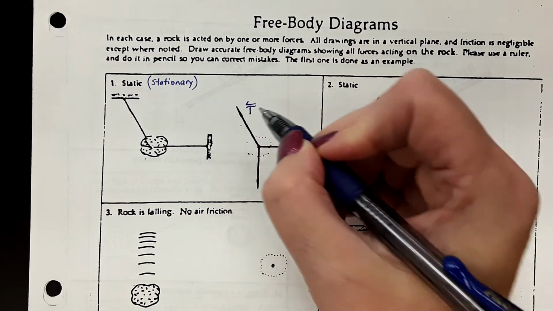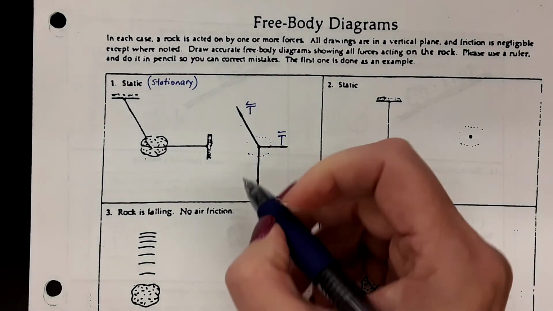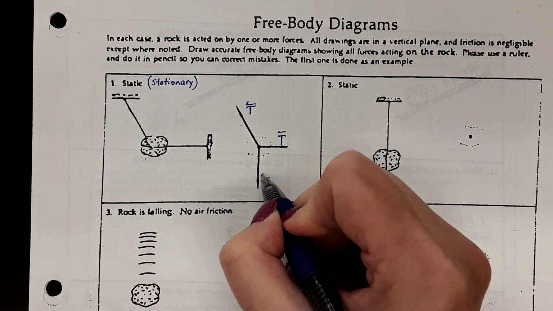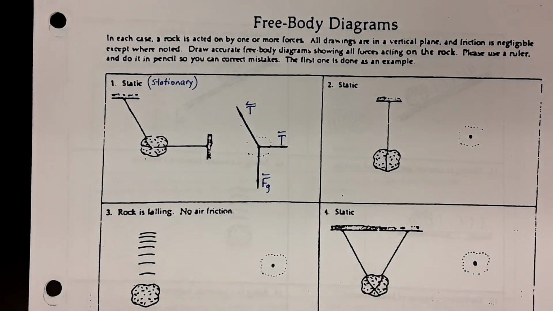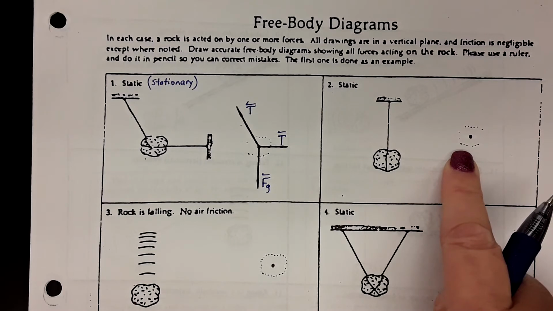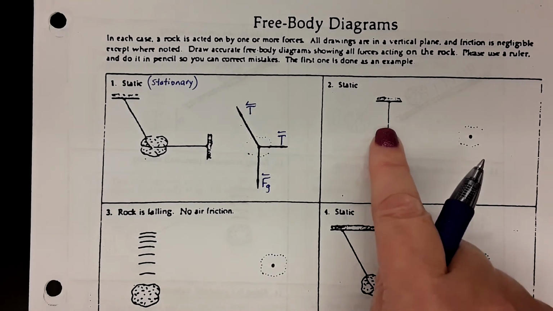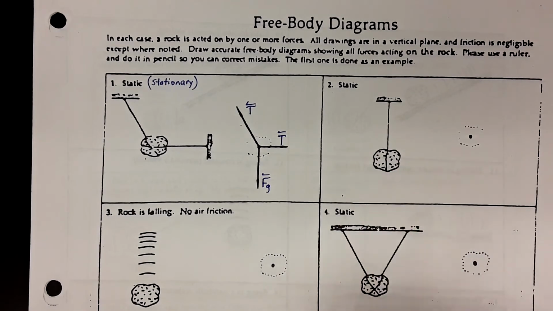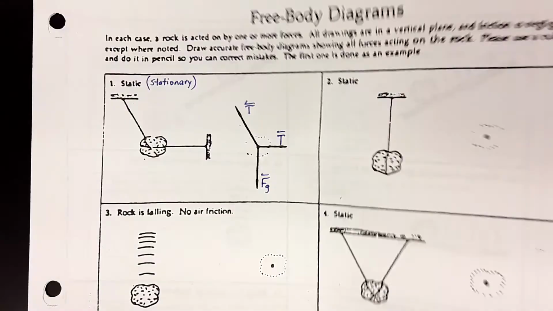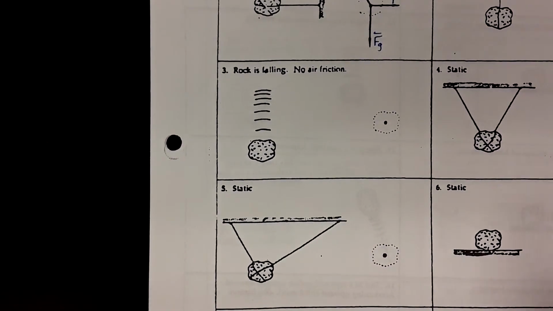There's another tension. So what is this one? Well, we're on Earth. That has to be the gravity. Okay, so now that one's labeled. This one I think you can do simply enough yourself. You've got a rock just hanging at rest, so you've got a string, and it's on Earth. So I think you can handle that one. I would like to look at one that's a little further down.